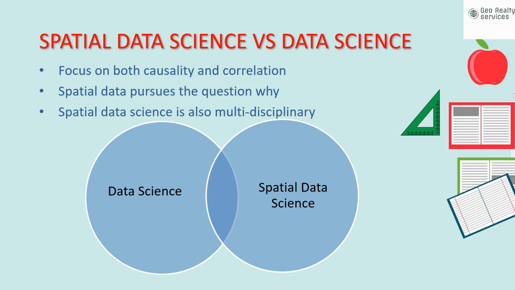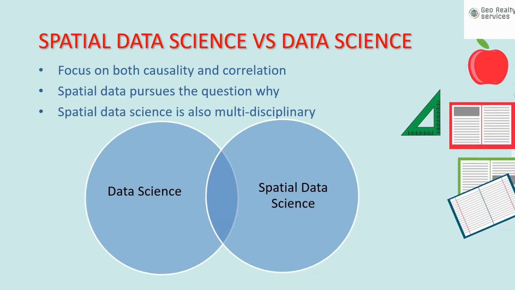With a given diagram, the relationship is also illustrated. Spatial data science has an overlapped area with data science. At the same time, it has different aspects from data science, which is named as spatial science.